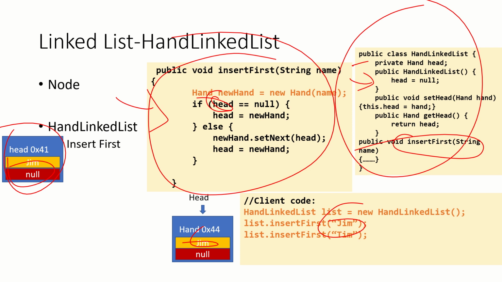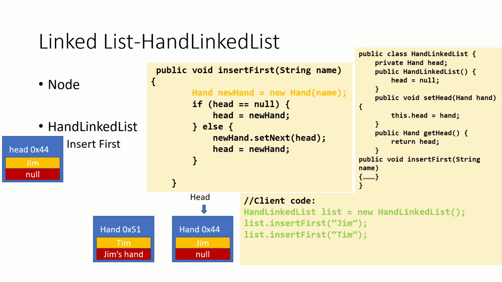List dot insert first Tim. So for Tim, you will create a new one, right? Then we check whether this list has a head or not. Obviously, right now, the head is Jane, right? So we will get into the else statement. In the else statement, who is new one? Who is new head? Tim, right? So Tim dot next is head.